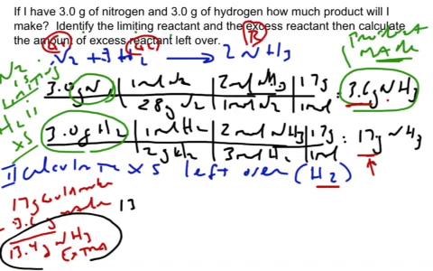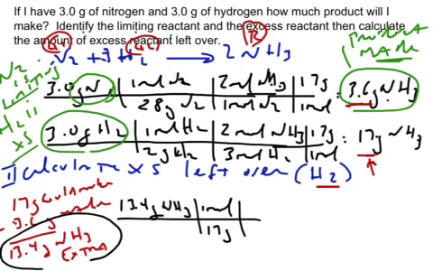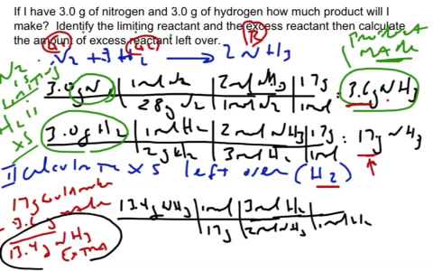I'm going to take 13.4 grams of ammonia, and for every 1 mole, it's 17 grams, and then our molar ratio, for every 2 moles of ammonia, I have 3 moles of hydrogen, and then 1 mole of hydrogen weighs 2 grams.